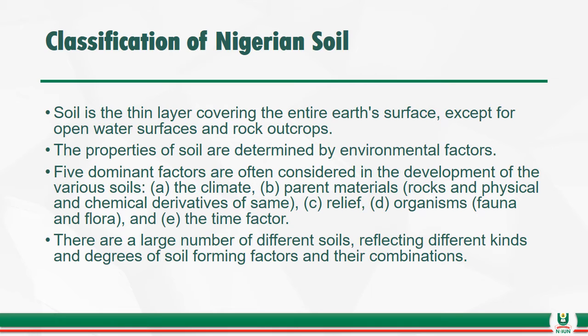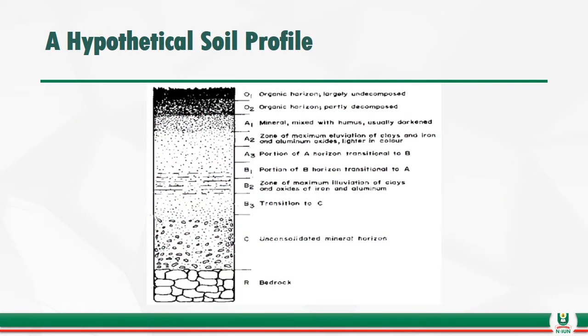There are a large number of different soils reflecting different kinds and degrees of soil forming factors and their combinations. We can see a hypothetical soil profile comprising the O horizon, which is divided into two, O1 and O2.